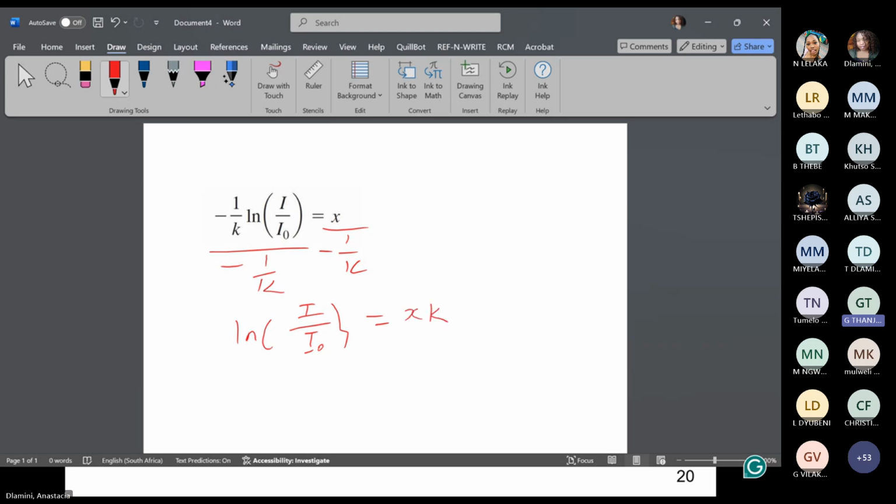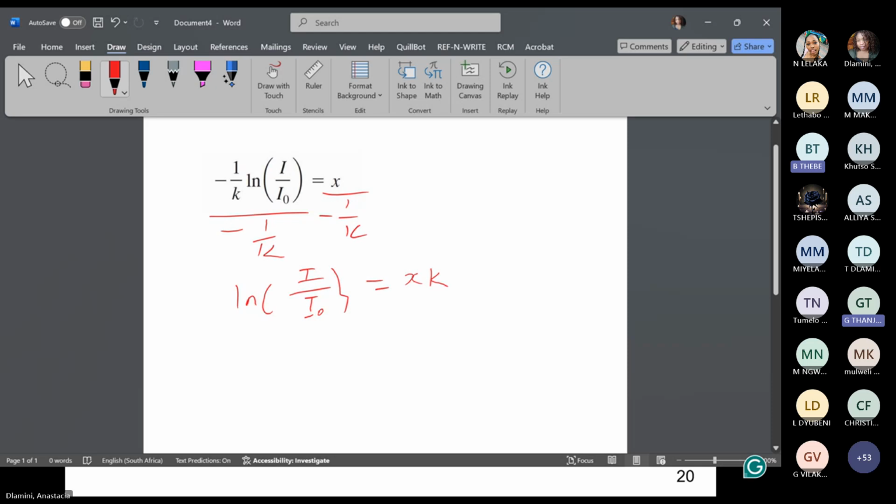Then, and then what do you call that? The e thing, I think. So what do I do with the e thing?